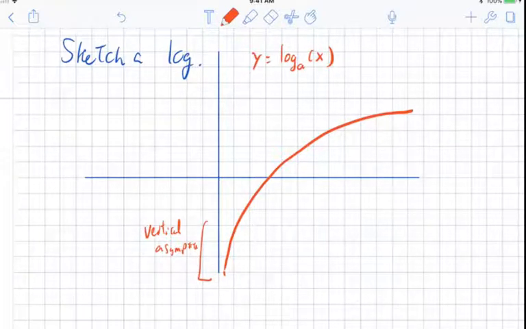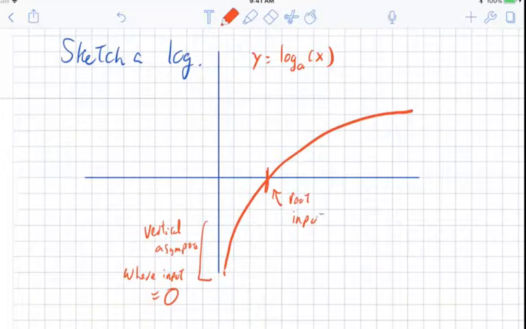The vertical asymptote is going to be where the input to the log function is equal to 0. Okay? There's going to be a root. The root of the log function is when the input is equal to 1. And then there's going to be a point out here when x is equal to a, y will equal 1. Okay? So, knowing those three things, we can always sketch the graph of the log.